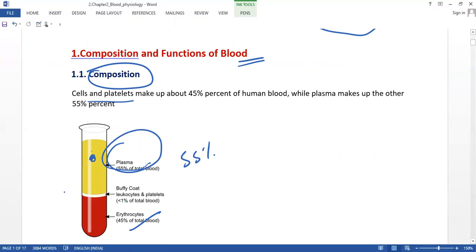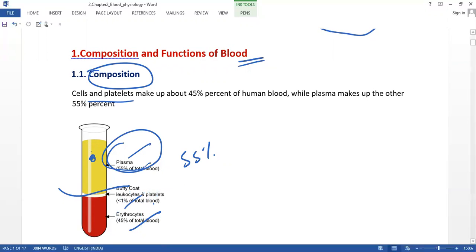Composition is nothing but the divisions of the percent made up by the plasma as well as the erythrocytes, and the remaining part is less than 1%. That is the buffy coat, that is leukocytes and the platelets.